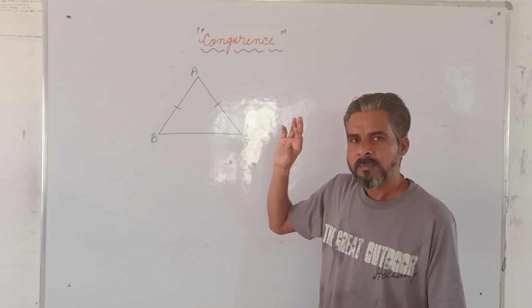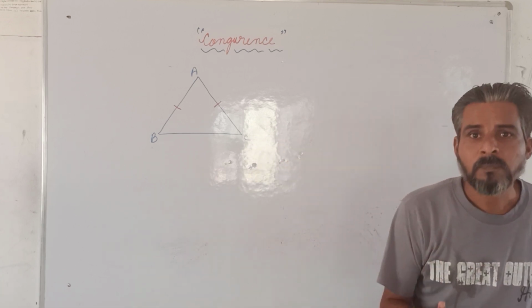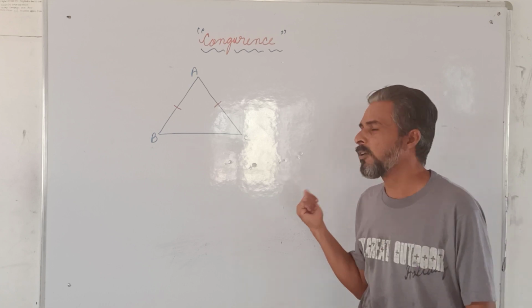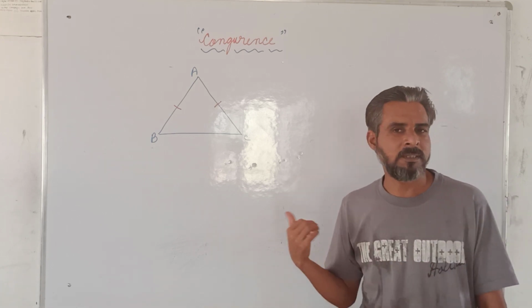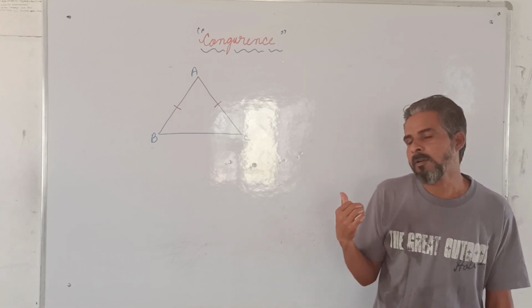But you have thought, how can we prove that the angles are also equal? So this is the question. We are supposed to sort it out with the help of congruence.